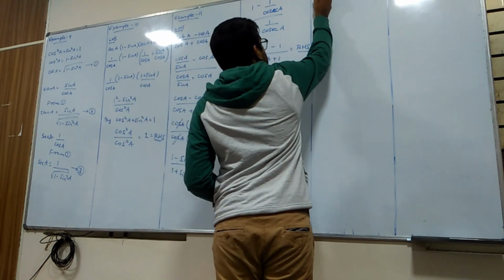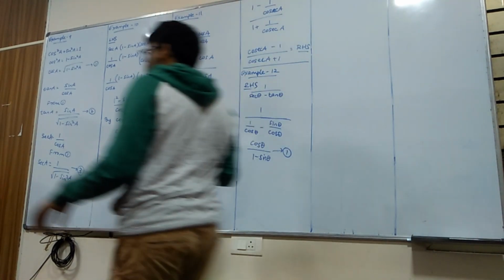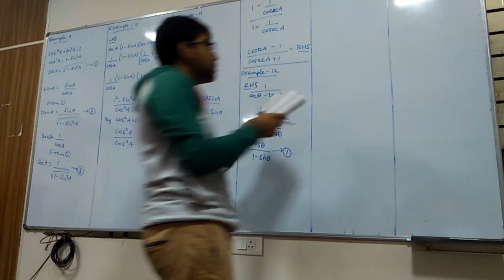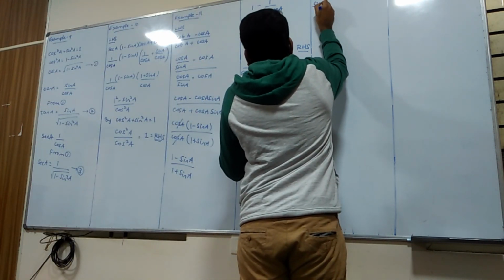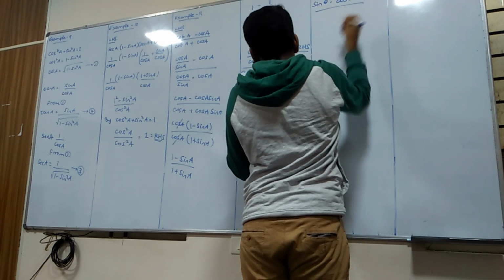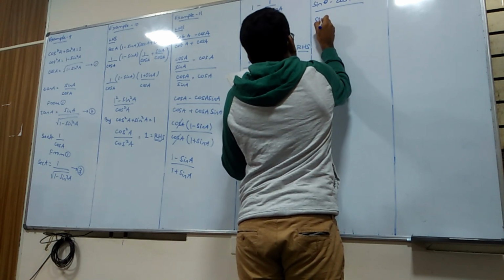I take my LHS now. Can someone tell me the LHS? Sin theta minus cos theta plus 1, divided by sin theta plus cos theta minus 1.